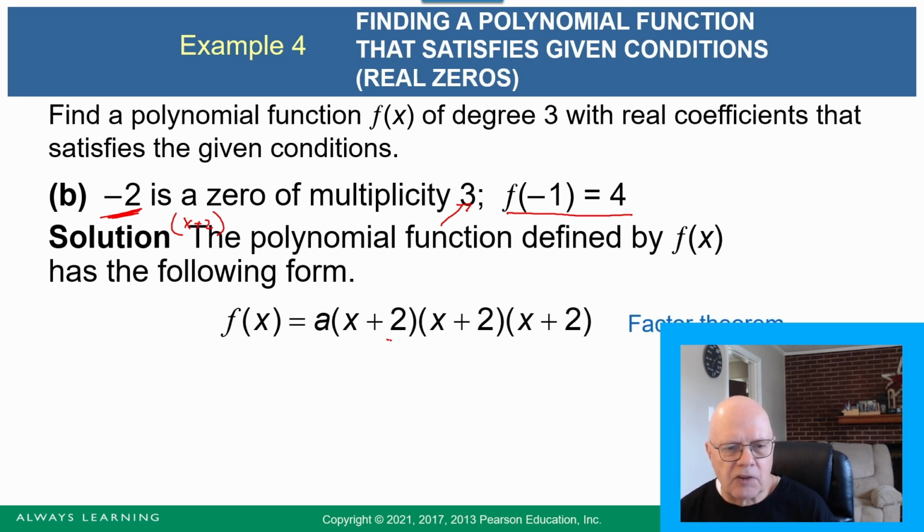This is from the -2, and it happens 3 times. And the a we don't know yet, but we know we can fix this real fast, because f of -1 is 4, which means (-1, 4) is a point on the graph. So we'll put the -1 in for these x's, and we know that'll result in a 4.